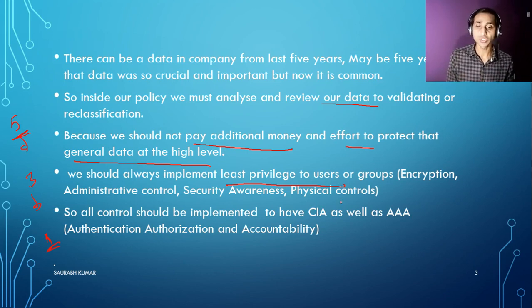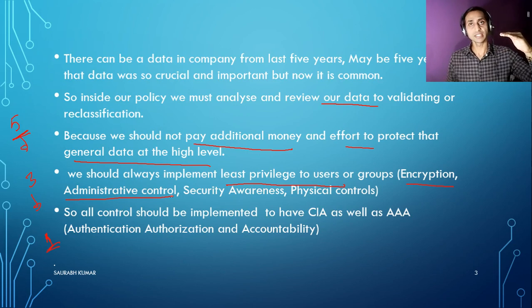Then we should also take care of all types of controls, whatever you can implement. You should take care of administrative control. There should be a hierarchical structure where the boss is there. If any lower person wants to make any change in the network, in the firewall, in your infrastructure, in your system, they should first report to the senior, who reports to the next, and there will be a board meeting or a control meeting.